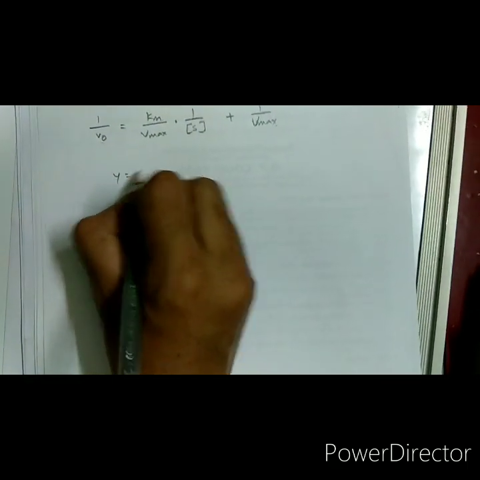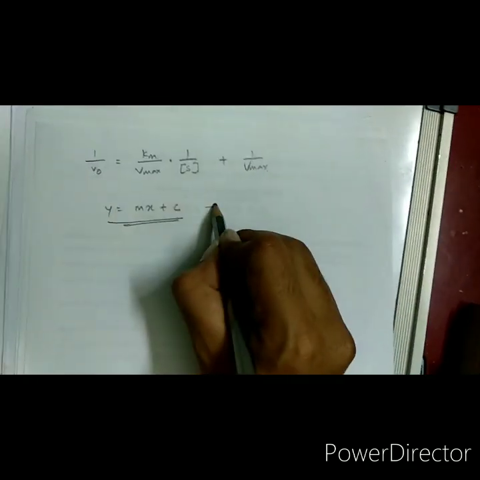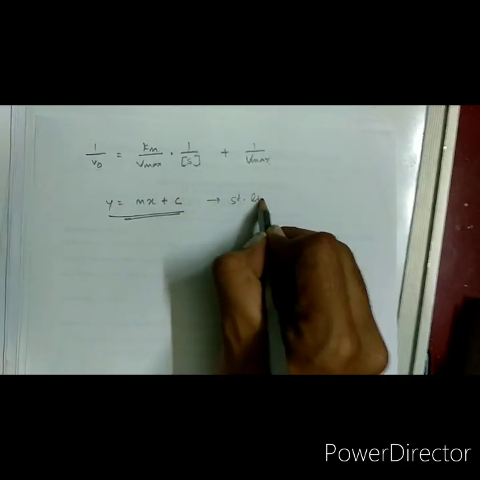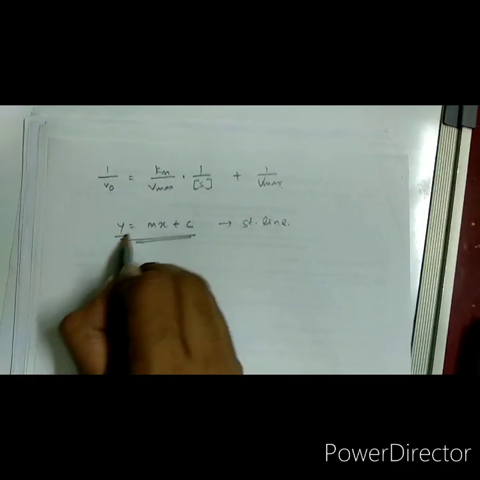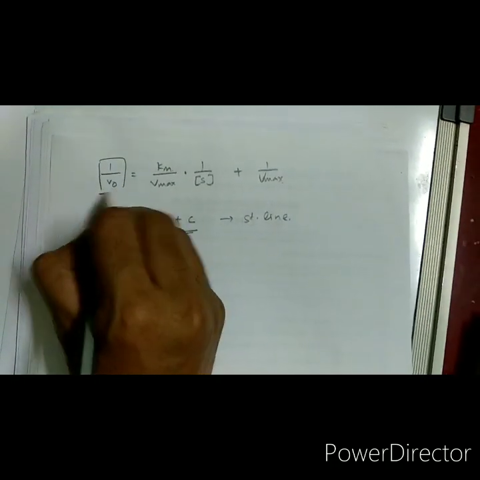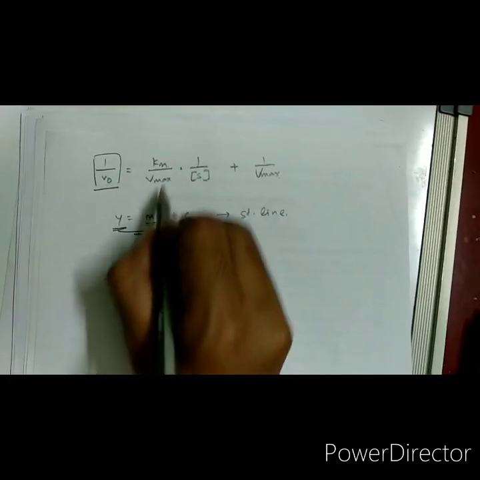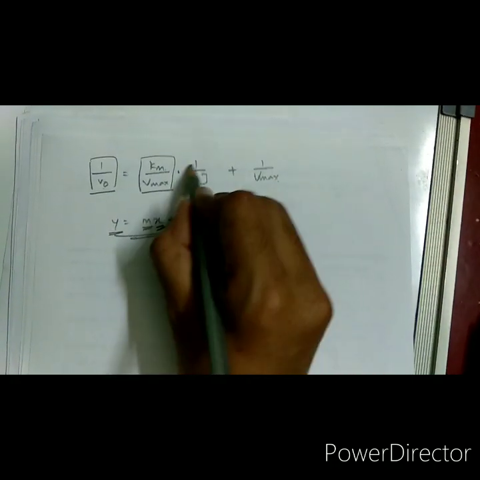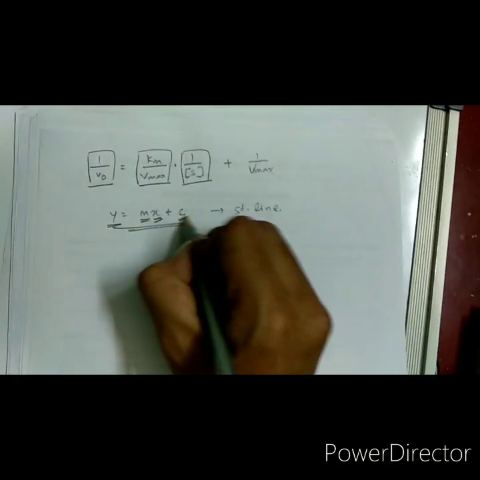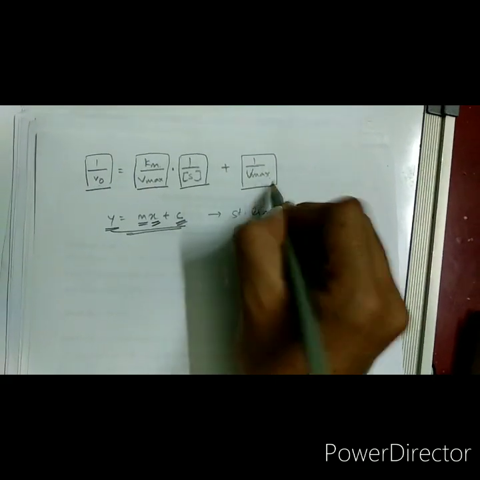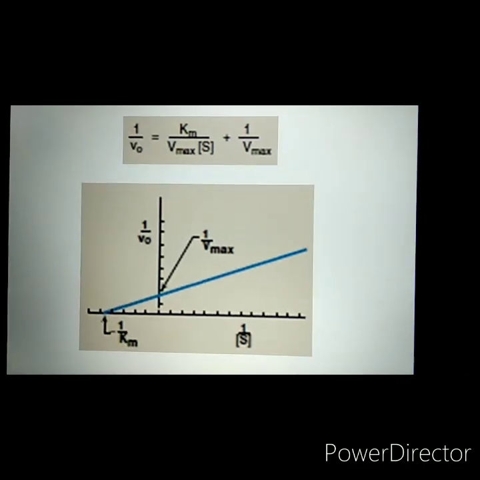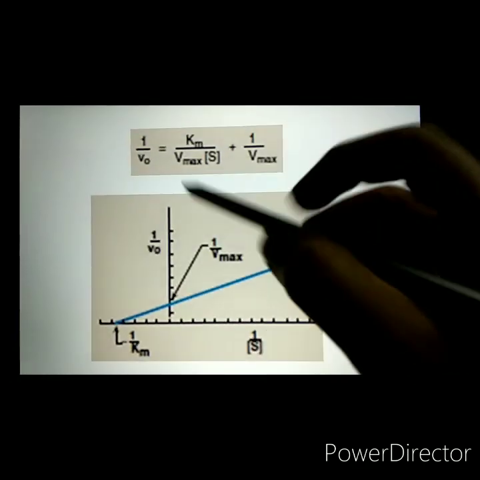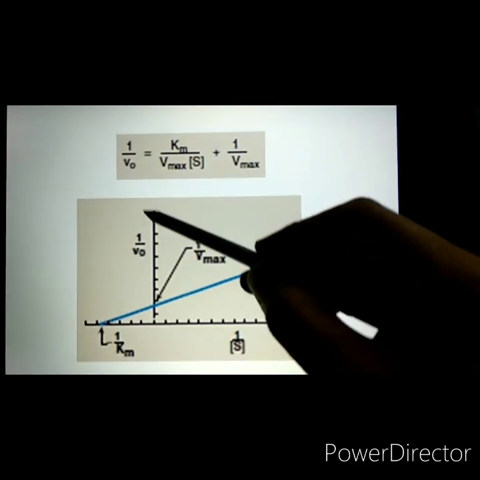We already learned that y equals mx plus c, so this equation gives a straight line. Here y is 1 by V naught, m is Km by Vmax, x is 1 by S, and c is 1 by Vmax.